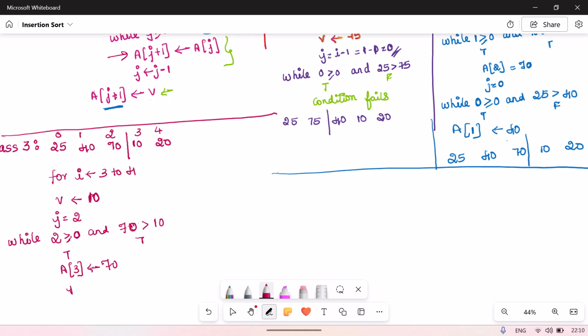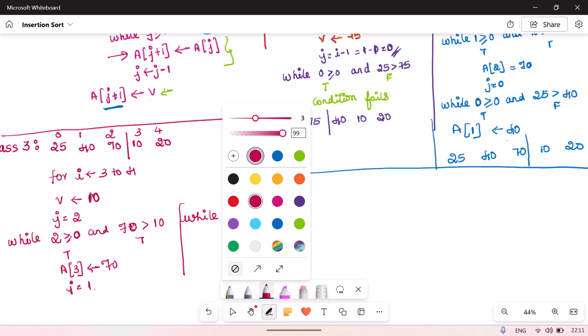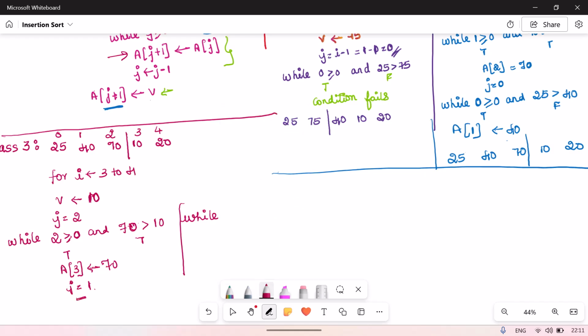Okay. Then j will be decreased by 1. Again check. While j, in this case, what is the value of j we have? 1 right now, because of the previous iteration it is 1. So 1 greater than or equal to 0, and a of j, j is 1. So a of 1 is 40.